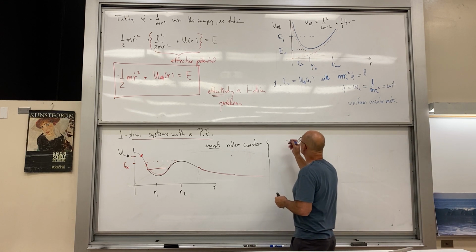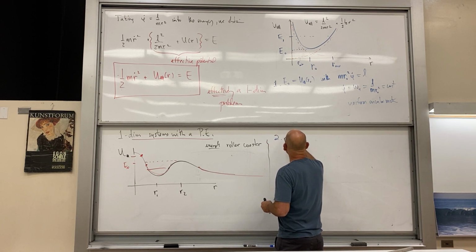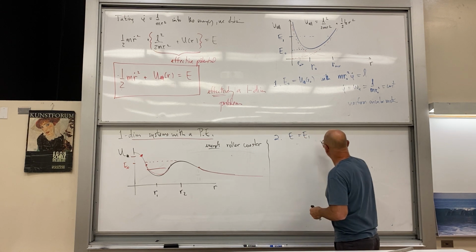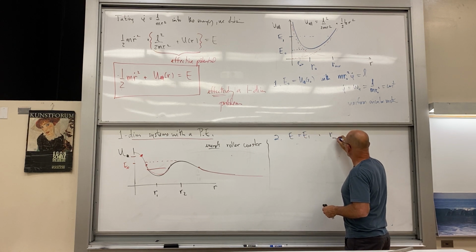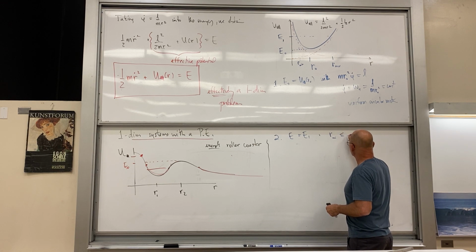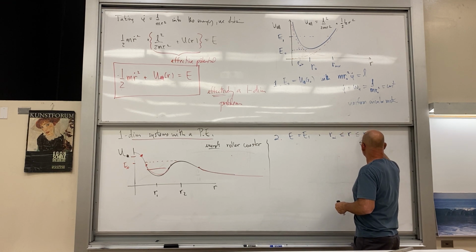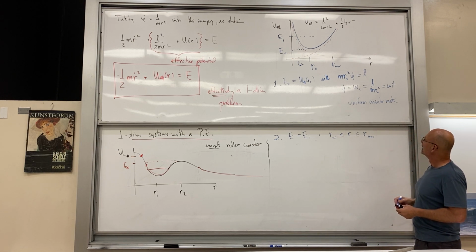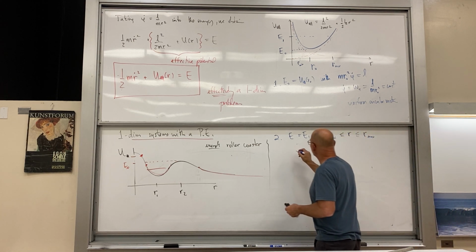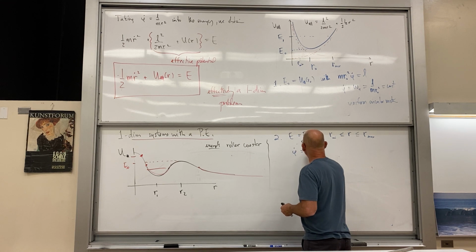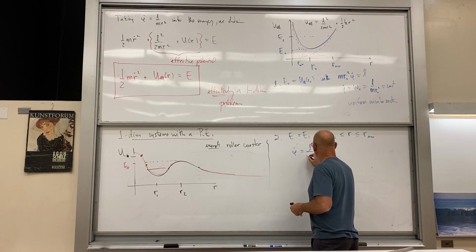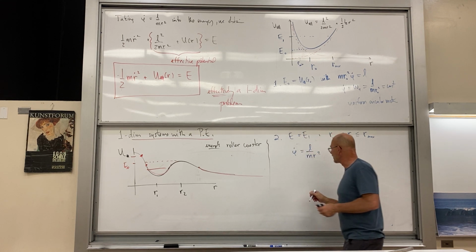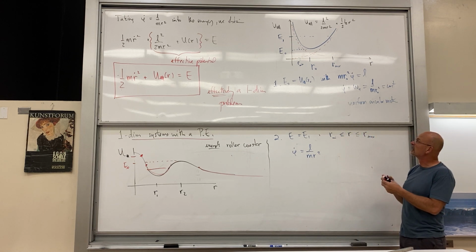Point 2 is going to be E equals E sub 1. So R min less than or equal to R less than or equal to R max. Now phi dot this time is equal to L over m R squared, and R is no longer constant.